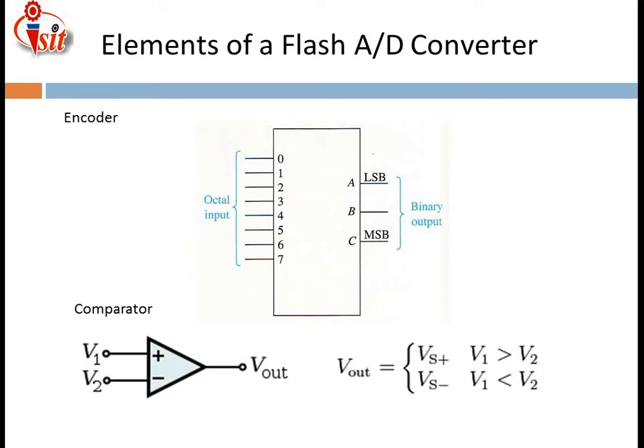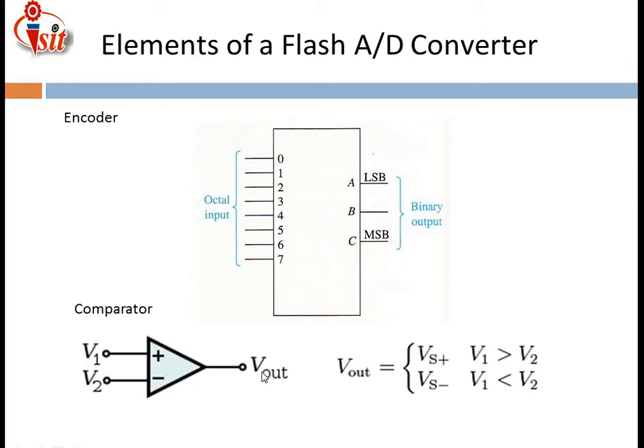That output depends on which input applied to the comparator is greater. For comparing, we apply voltages to the positive as well as the negative terminal, or we apply the supply voltage to the positive terminal and the reference voltage to the negative terminal, or vice versa.